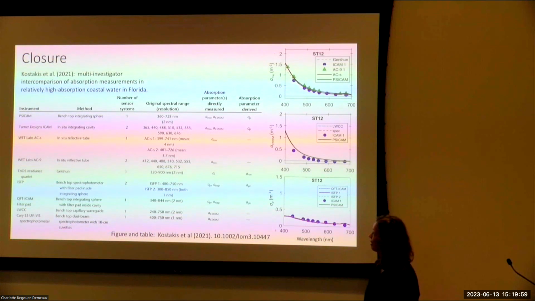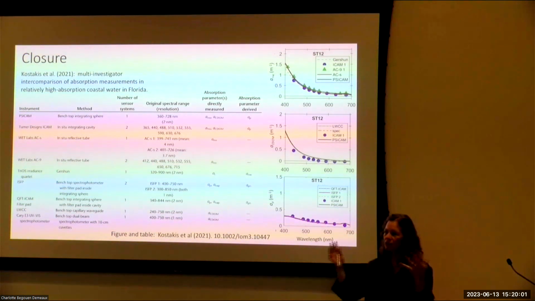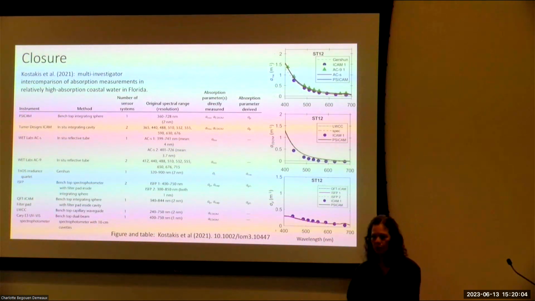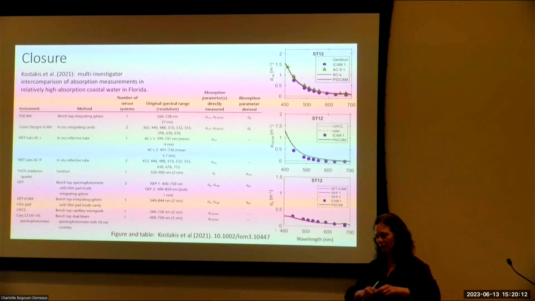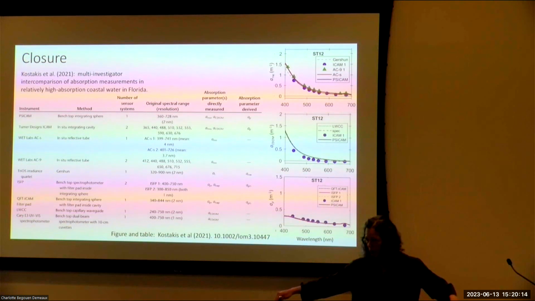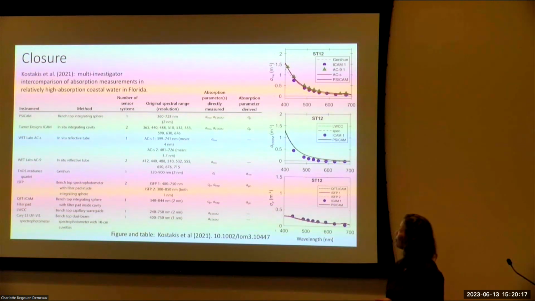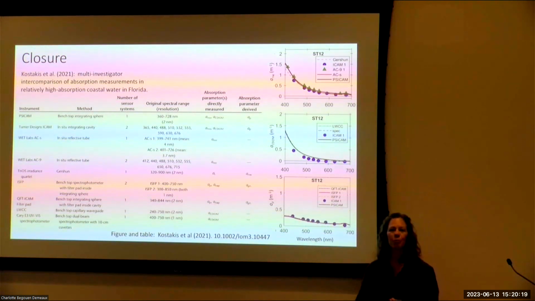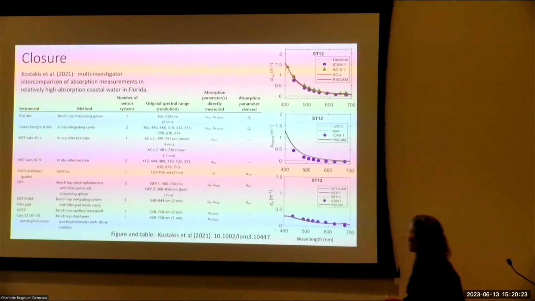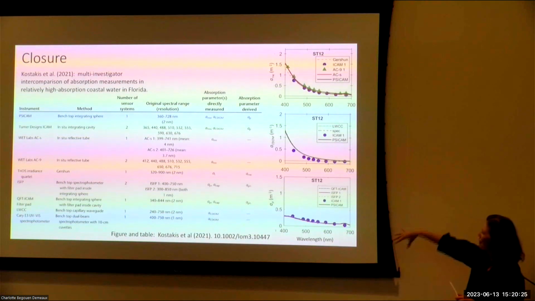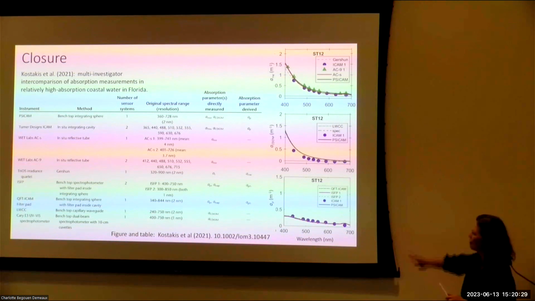So measuring total non-water absorption, CDOM absorption, particulate absorption, phytoplankton and non-phytoplankton, cross-comparing them across transect stations with different properties to see if they could achieve absorption closure, right? To get everything to agree. I've just pulled some panels from the same station, comparing some of these different methods here.